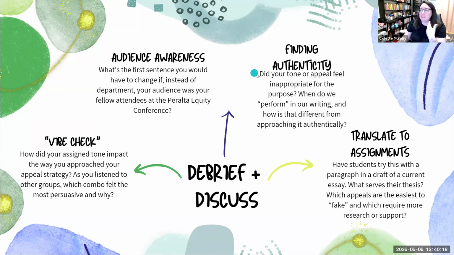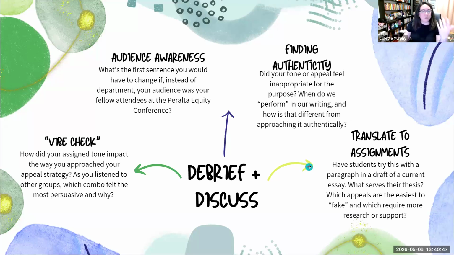Finding authenticity. Did your tone or appeal feel inappropriate to the purpose? Are you like, look, I wouldn't use passive aggressive if I was talking to my department? Great. Think about, when do we perform in our writing? How is it different from approaching things authentically? And I think that's where this activity can really come in handy, is working on authentic voice and being able to show students how different does it feel when you show up with all of yourself as opposed to what you think the teacher wants to hear.